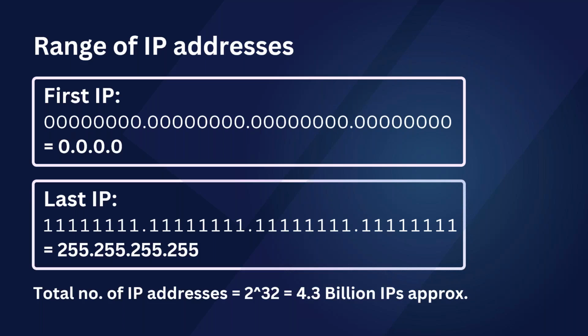And as such, if you keep on assigning every single IP to every single individual device, 4.3 billion IPs are nowhere sufficient. Okay, so that is why, as mentioned, we have a concept called mapping, dividing these IPs into different categories: public IPs, private IPs, classes A, B, C, D, and we'll talk about those categorizations later on.